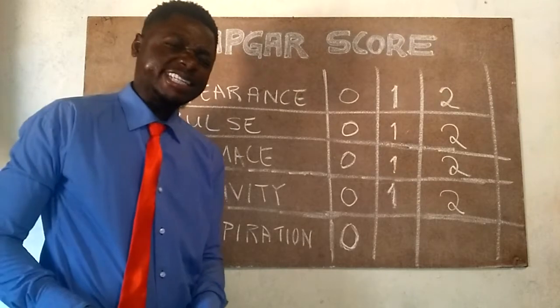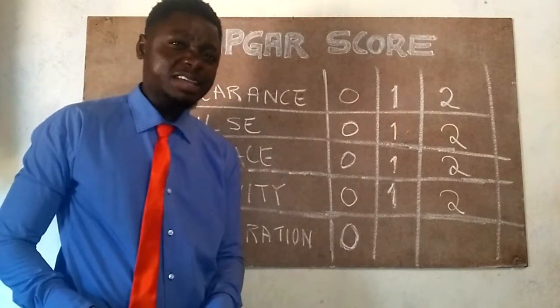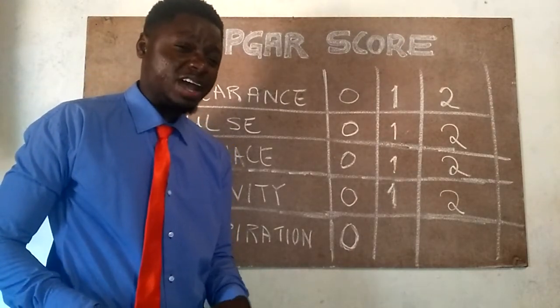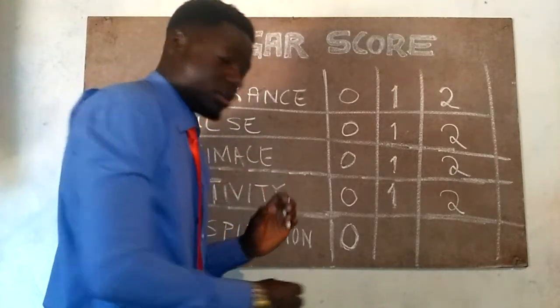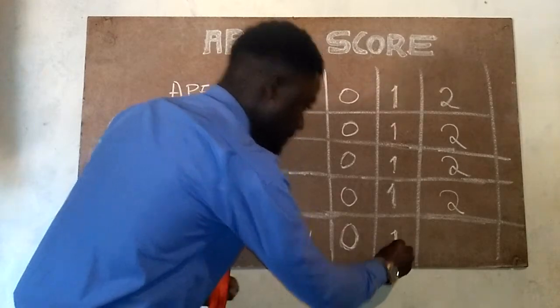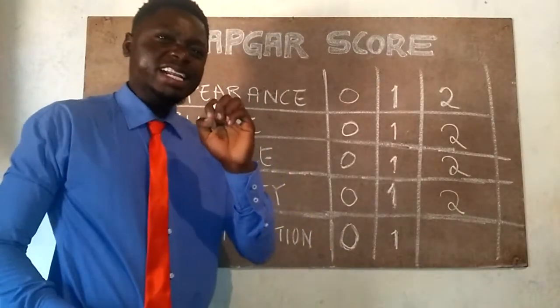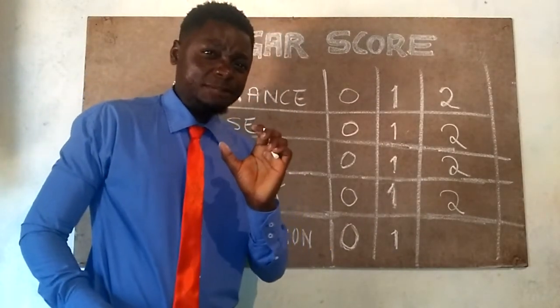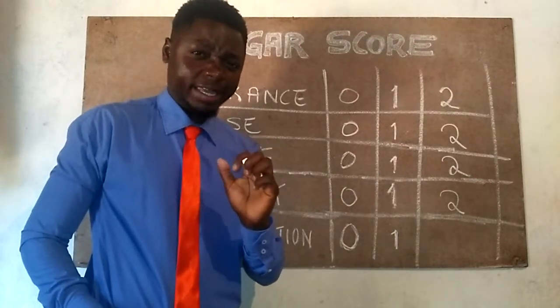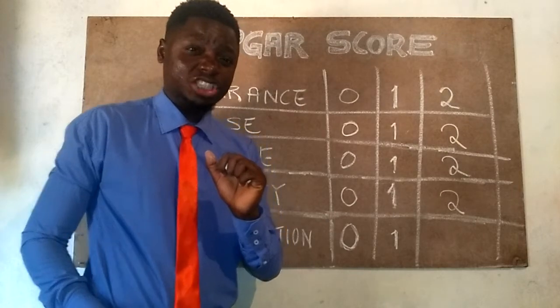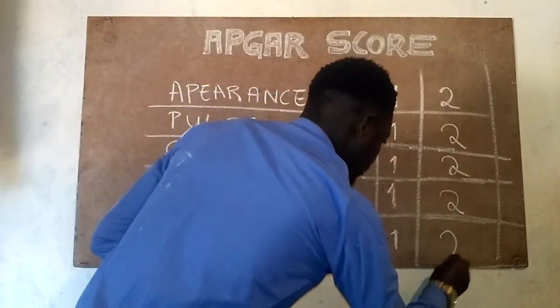Now, what if the baby is crying? If the baby is crying, but the crying is not strong, it's irregular, then we give this baby 1 score. Now, if there is vigorous crying and movements, then that simply means that the baby is breathing okay. We give this child 2 score.